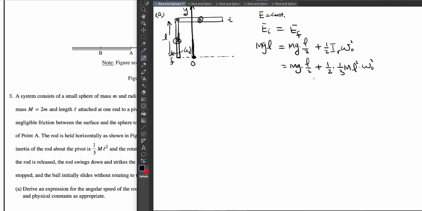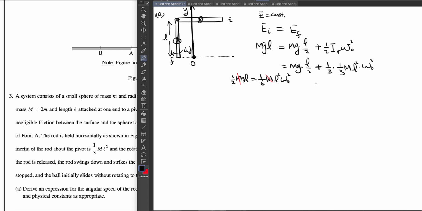Okay, so now we can rearrange the terms. So the left side will be 1/2 mgL equals the right side, which is 1/6 mL squared omega naught squared. So the mass cancels out.